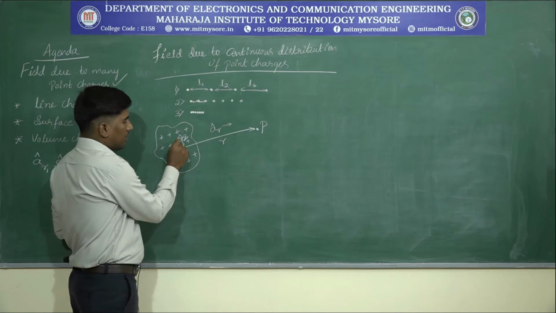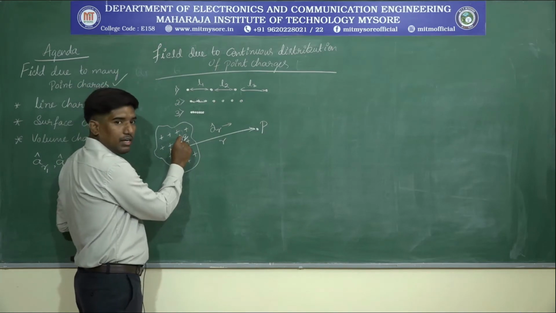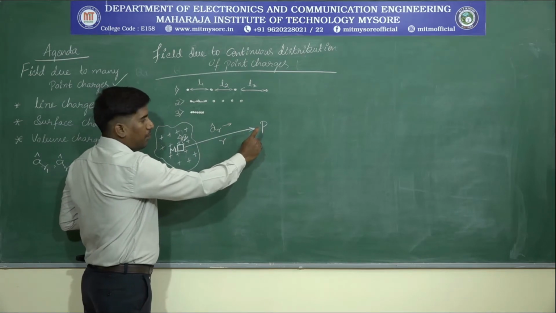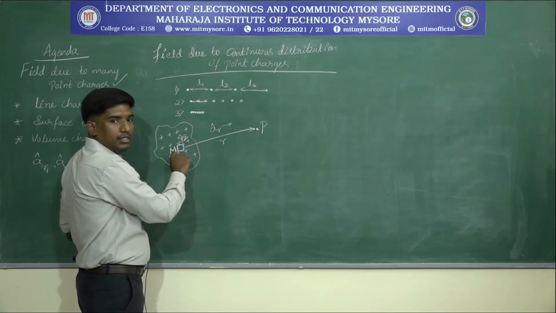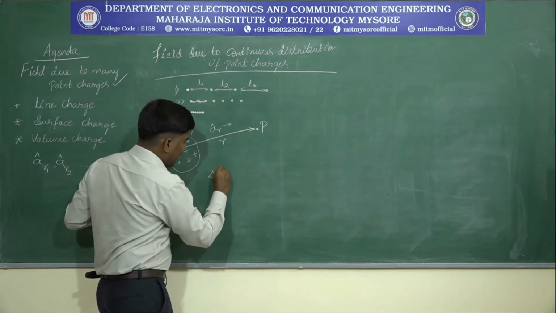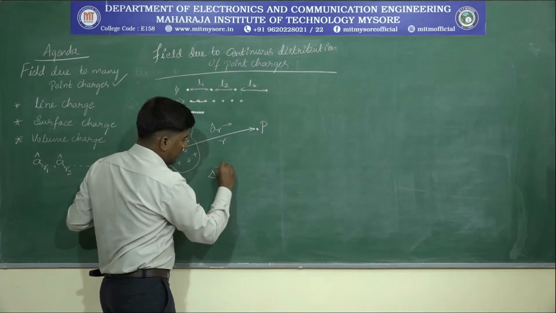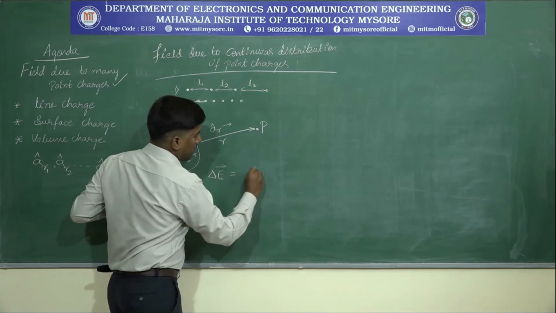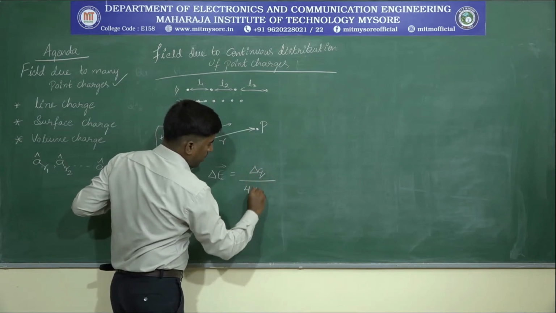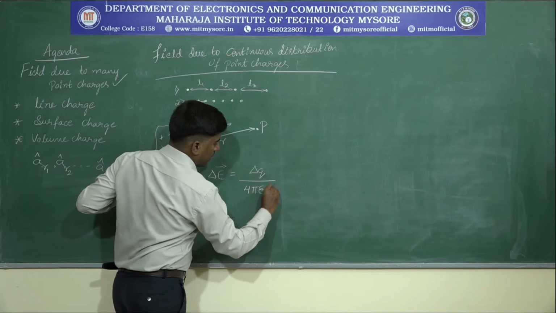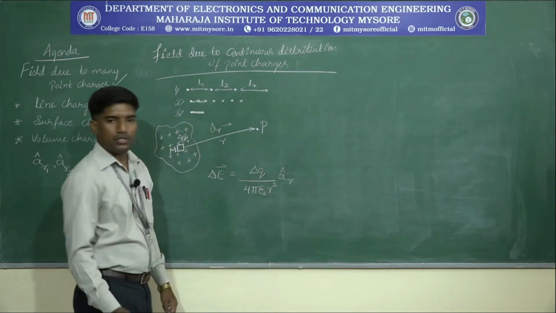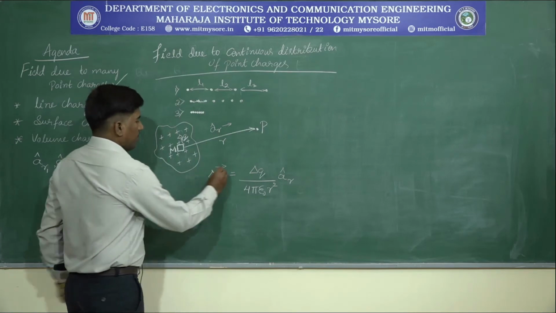Hence the charge at this elementary part is delta Q. So the electric field intensity at point P due to this elementary charge delta Q is given by: elementary electric field intensity is equal to elementary charge divided by 4 pi epsilon naught into r square into a cap r. This is the equation, right?